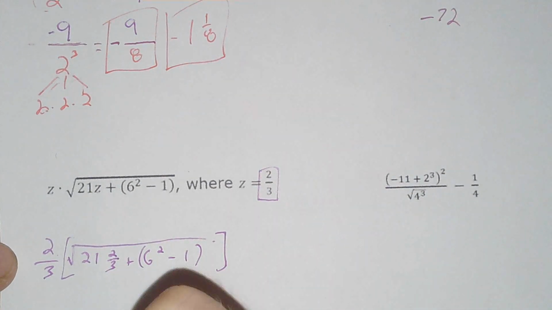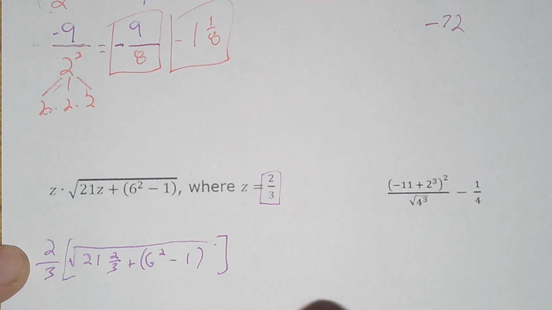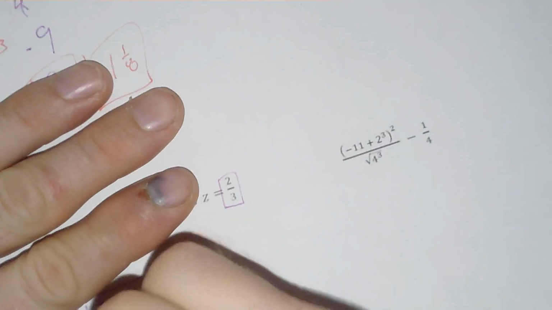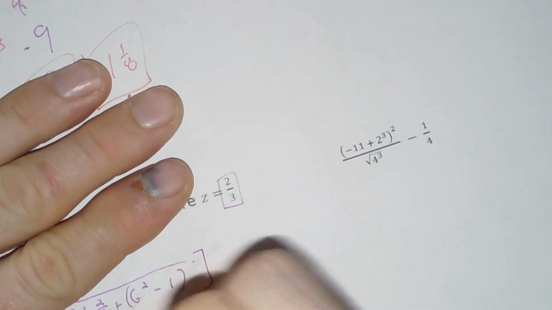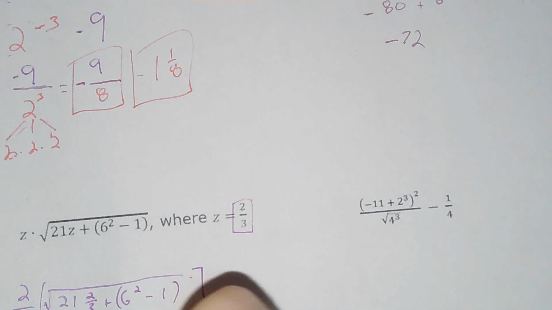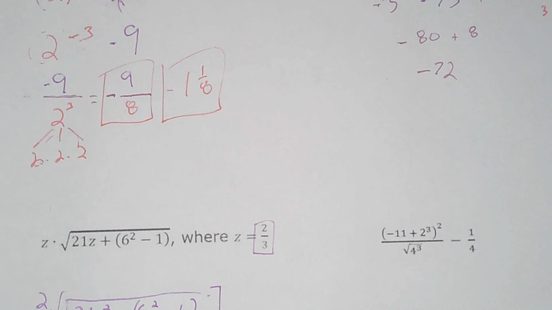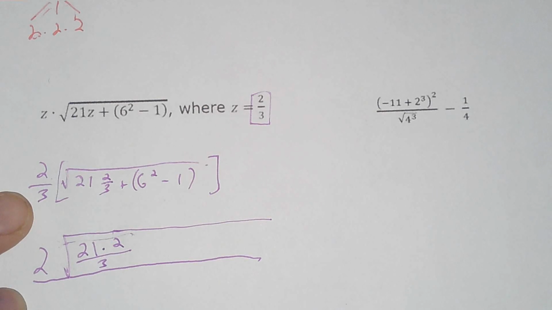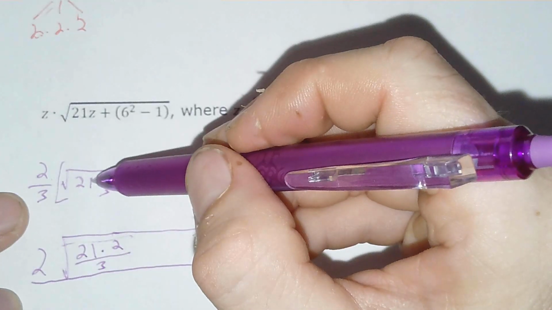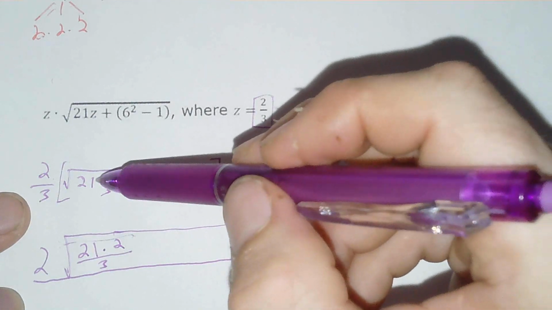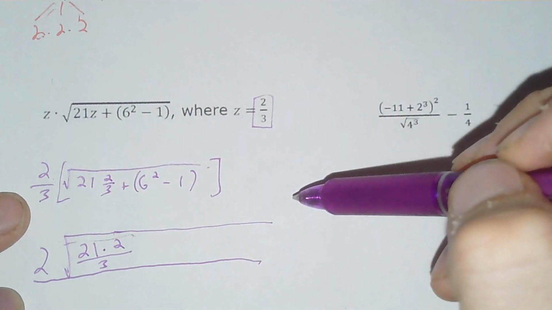So this is 2 over the square root of 21 times 2 over 3. Why did I do that? Because this 2 is part of the numerator.